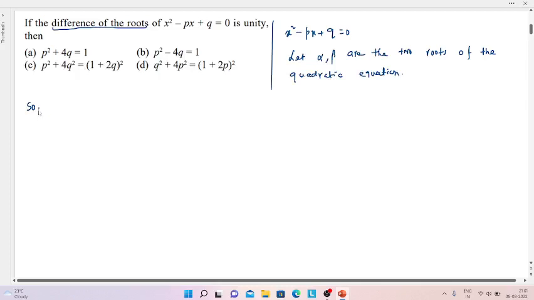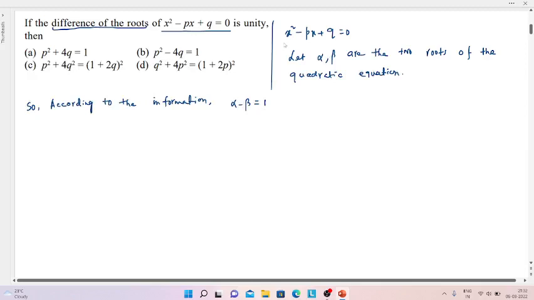So according to the information, we can say that the difference alpha minus beta is definitely 1, because it is given that the difference of the roots of this particular quadratic equation is unity. So we can write down alpha minus beta equals to 1, right?